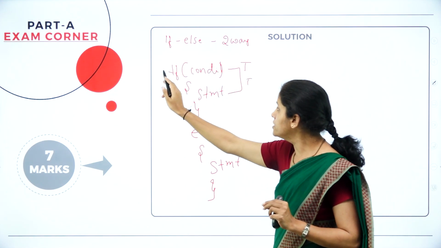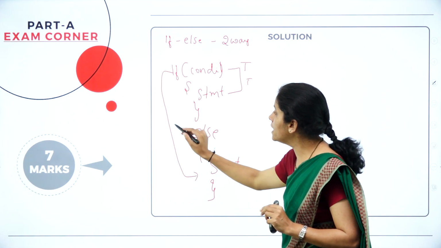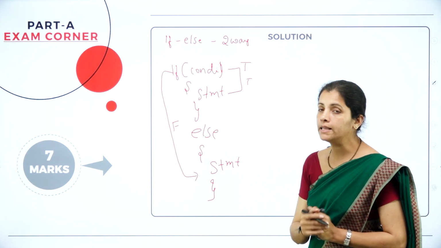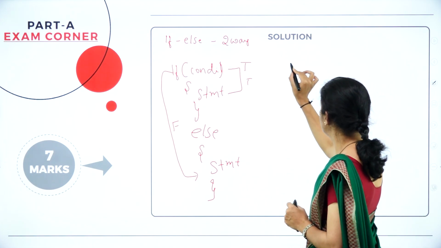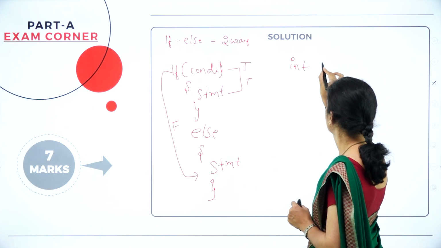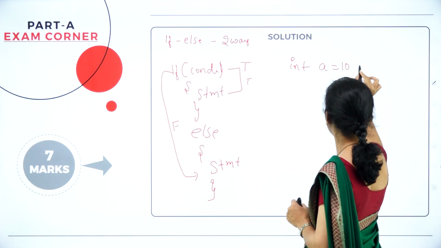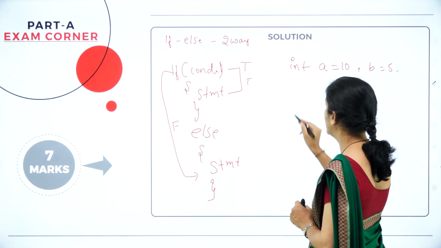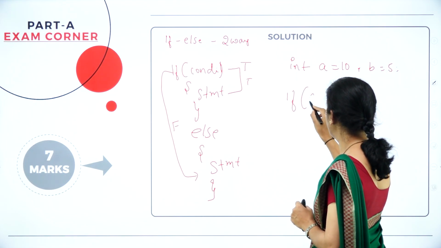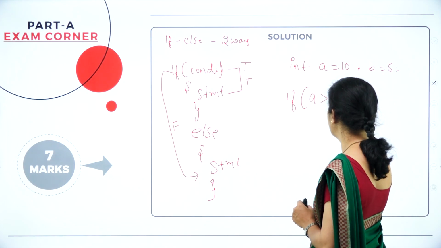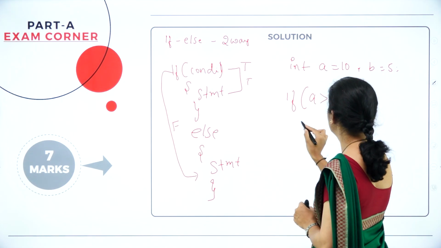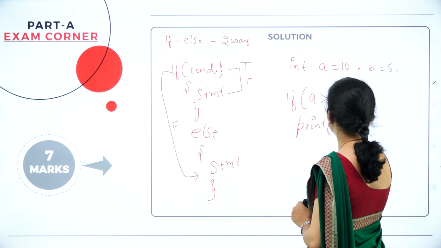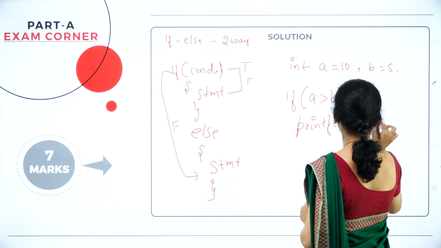If the given condition is false, execute the else part. For this, I want to write the example. For example, say int A equal to 10, B equal to 5. Now, if A greater than B, the condition is true. So, what I want to do? printf A is larger.